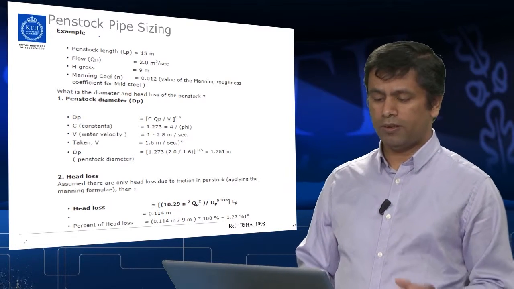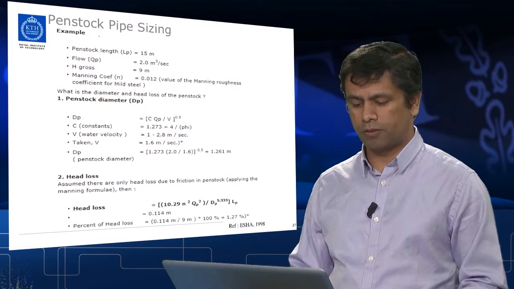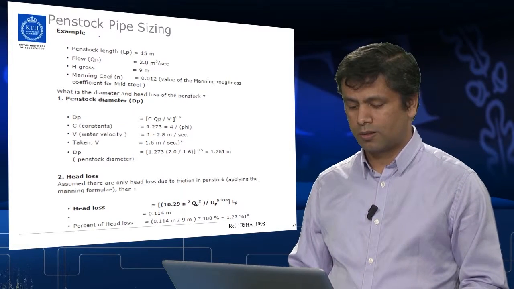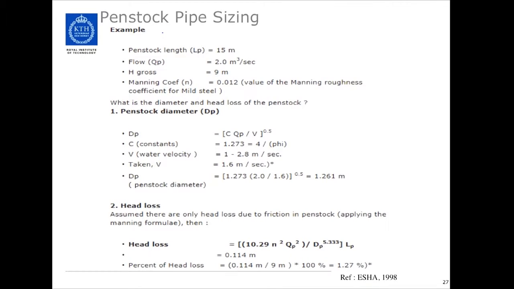The diameter of the penstock pipe is given by the square root of the constant times design discharge divided by the velocity, where the constant is 4 by pi. The velocity can be chosen from 1 to 2.8 meters per second, and in this case we have chosen 1.6 meters per second. With all these values, if you calculate the diameter of the penstock pipe, it comes to around 1.26 meters.